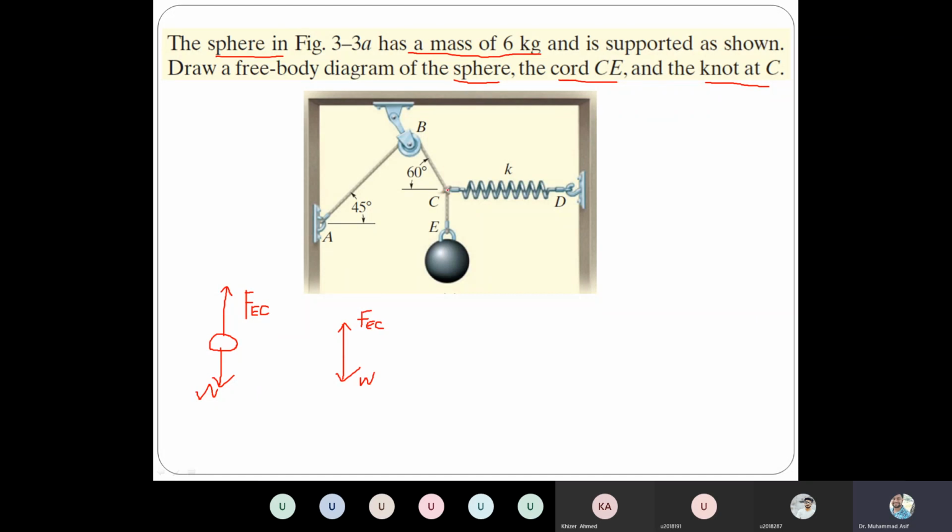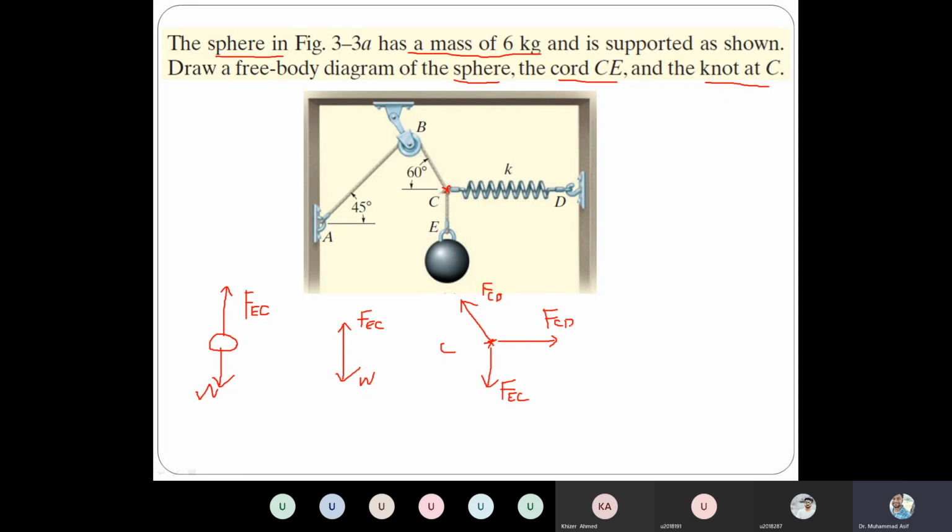Similarly, if you try to draw the free body diagram of this node, let's say node C, for that node C, one force is downward, which is equal to FEC, and then one force is CB, and then another force is the spring force, CD.